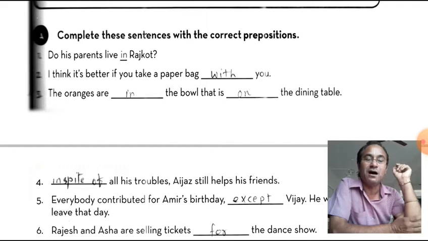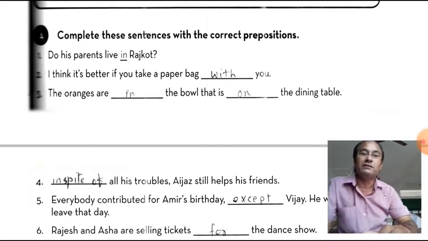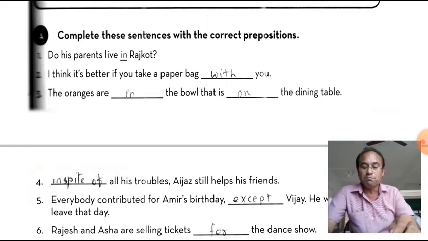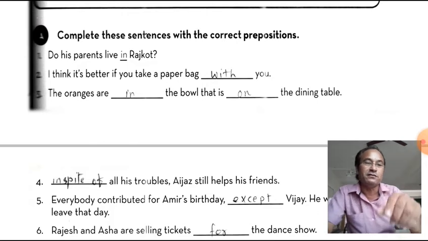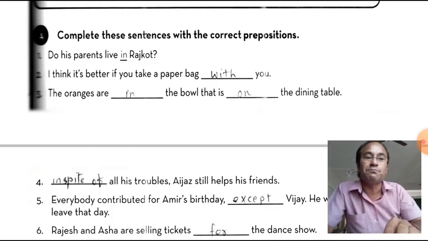The oranges are where? Place. Are in the bowl. That is position. Place. That is on the dining table. On and in are used for place, position or time, but here they are used for position or place.